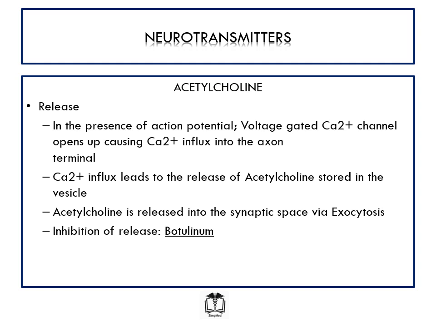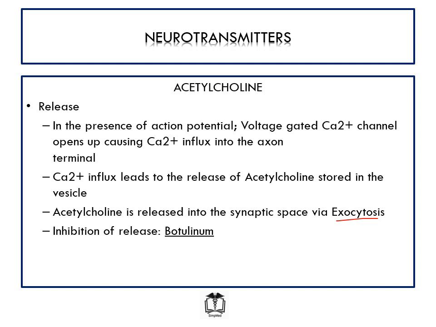With the excess amount of calcium entering into the axon, the acetylcholine stored within the vesicles becomes triggered. So the vesicles will start to migrate towards the membrane of the axon because of the excess calcium in the axon. And that migration of the vesicle will lead to exocytosis of its content. So acetylcholine will be released out of the axon and into the synaptic space by a process of exocytosis.